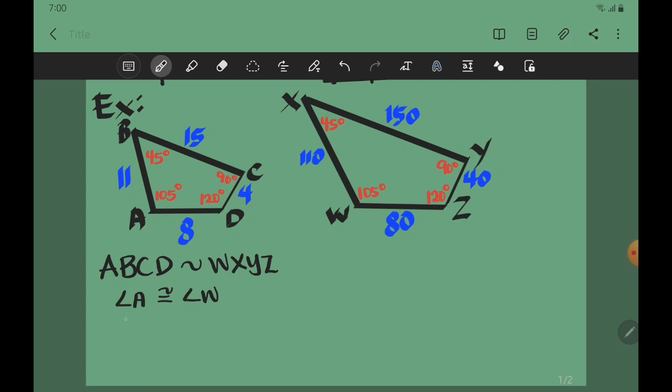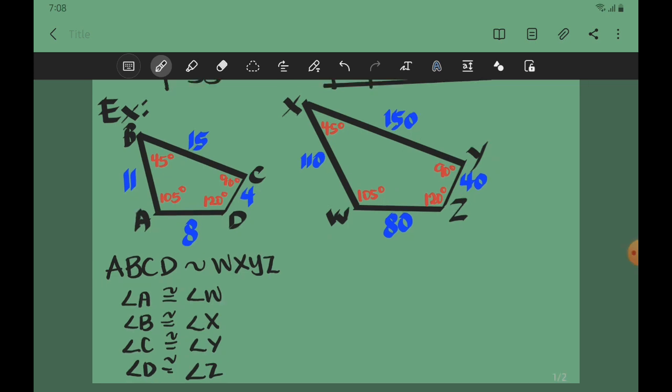The same goes with angle B congruent to angle X, as well as angle C congruent to angle Y, and then angle D congruent to angle Z. Kasi pare-parehas lang naman sila ng measurements. So, corresponding angles, it must be congruent.